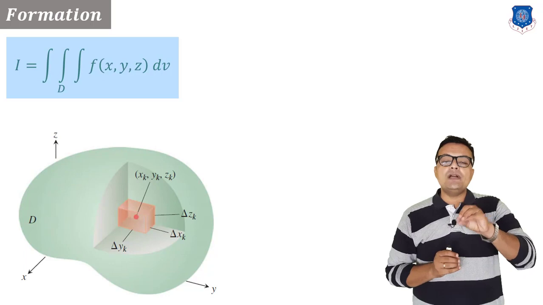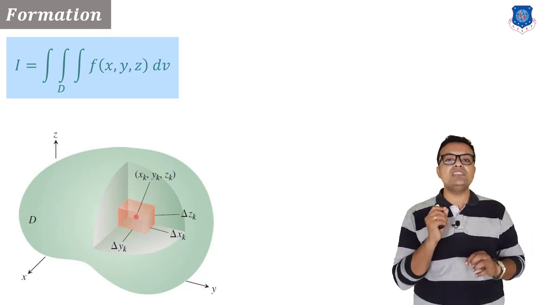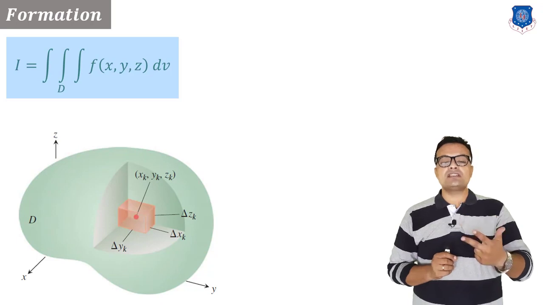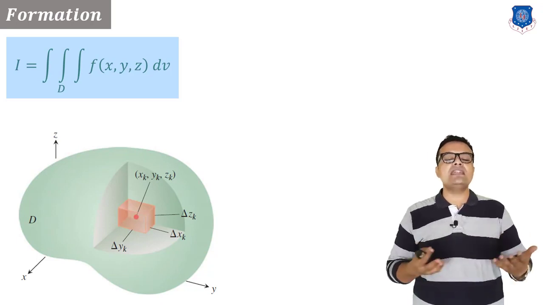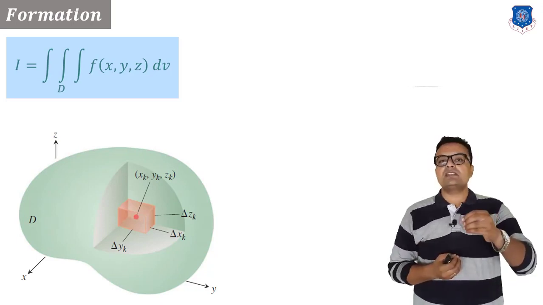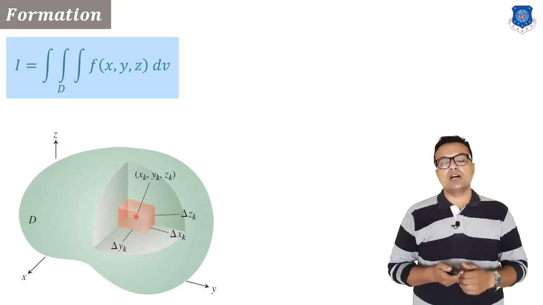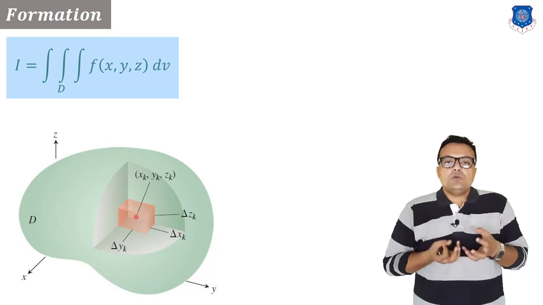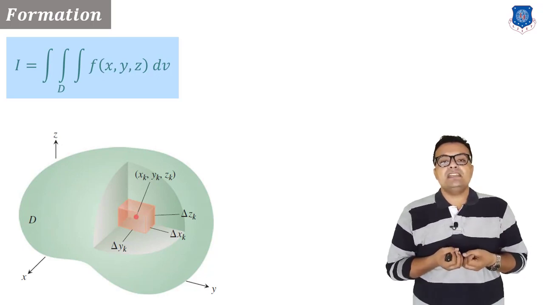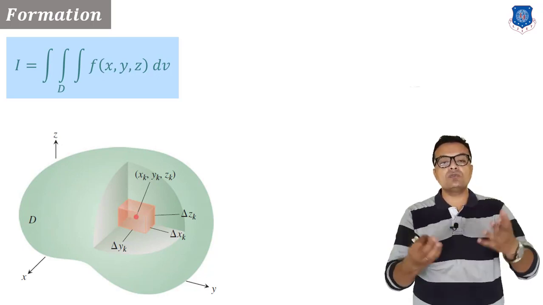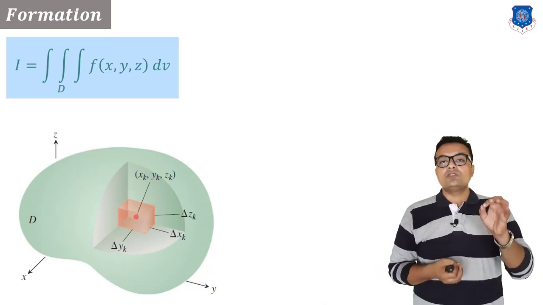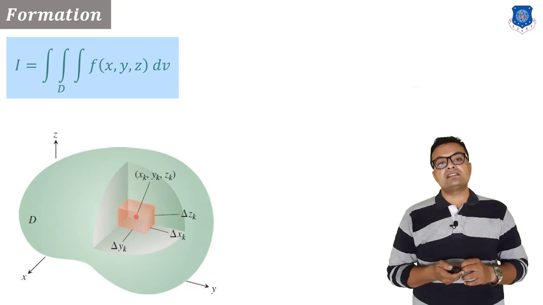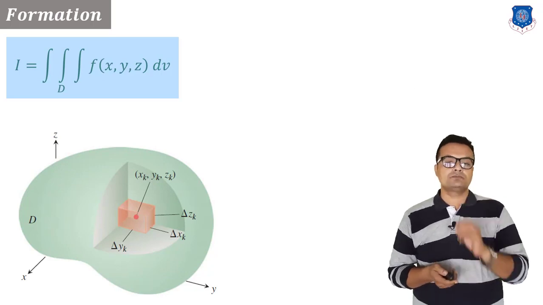So that volume element is nothing but dv. So actually we are taking dx into dy into dz. This order can be in any random way, but ultimately the multiplication will give you the answer of dv. So this indicates that our input is coming from 3D and our output is going into the fourth dimensional space. So the physical interpretation of the last value of this integration is nothing but the hypervolume.